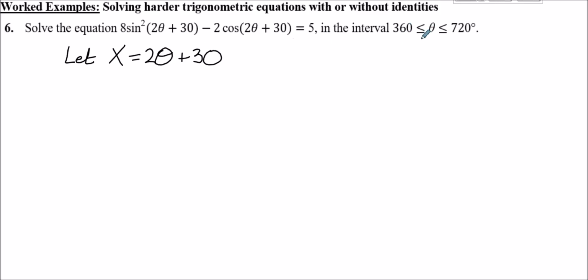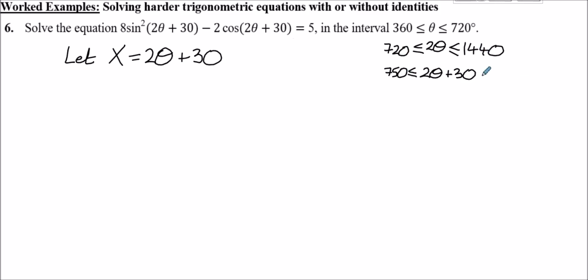Now this is going to change the limits. So the limits of theta are from 360 to 720. So let's think about what the limits of big X will be. So if theta is from 360 to 720, then 2 theta, we just double those limits. So 2 theta will be from 720 to 1440. And then if we add 30 onto each of these limits to get the limits of what 2 theta plus 30 would have to be, then add 30 onto here, we get 750.